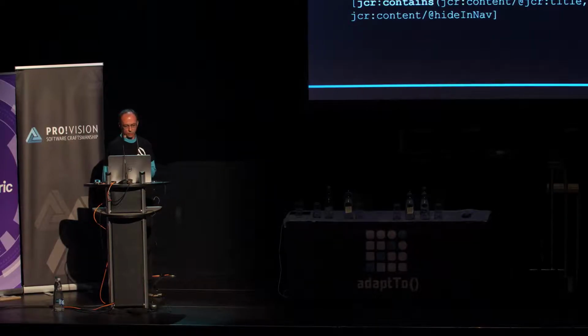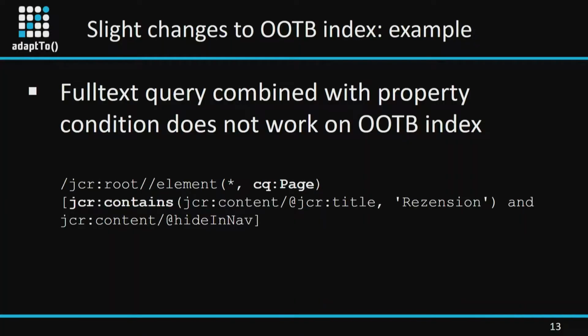The query looks for node type cq:Page, and the special problem with this query is it even uses one of the out-of-the-box indexes, what is called cqPageLucene, but it finds nothing. Why does it find nothing? It's because that out-of-the-box index is a property index which cannot deliver results for a full text search.